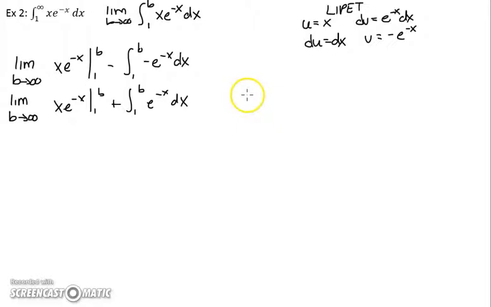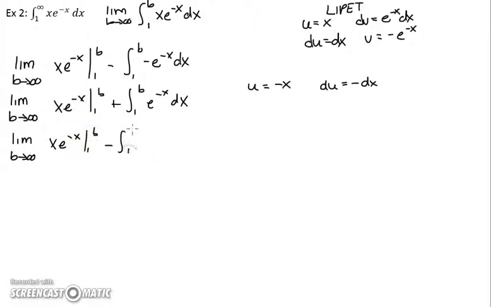We're actually going to cheat a little bit here. We say u equals negative x, du would equal negative dx, so we pull that out front. So the limit as b approaches infinity of x e to the negative x from 1 to b, this turns back into a minus sign, 1 to b of e to the u du.